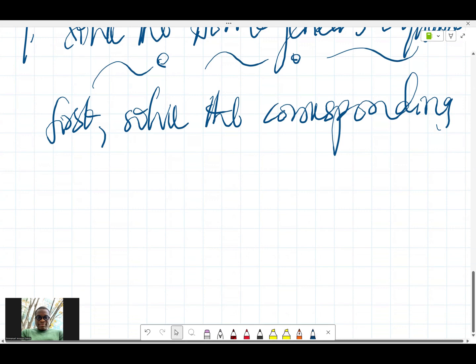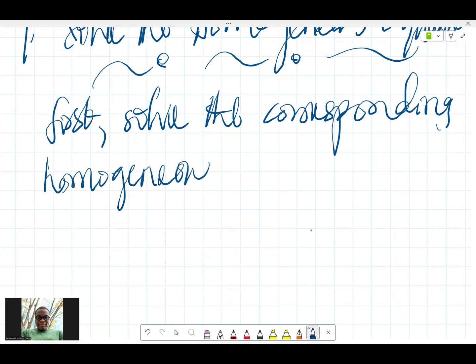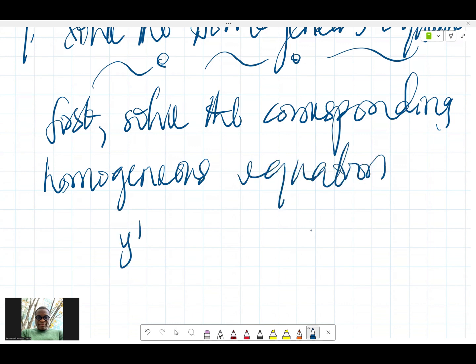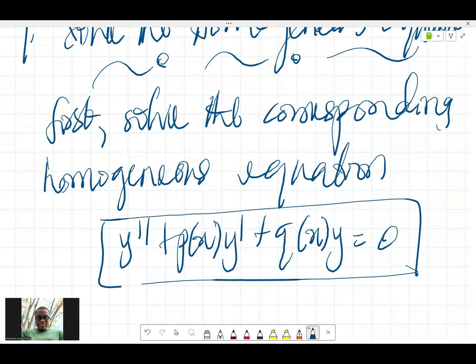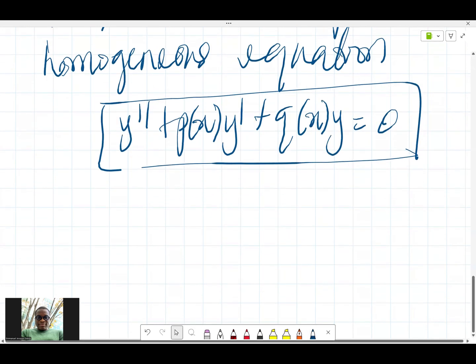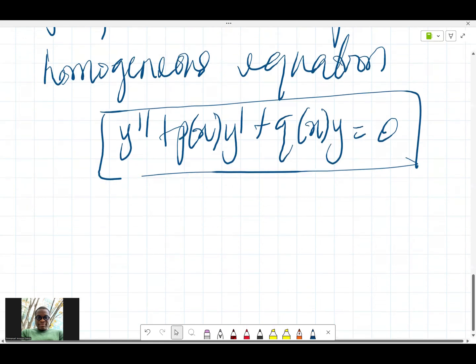Solve the corresponding homogeneous equation, which is y prime prime plus p of x y prime plus q of x y equals 0. Solve this part.